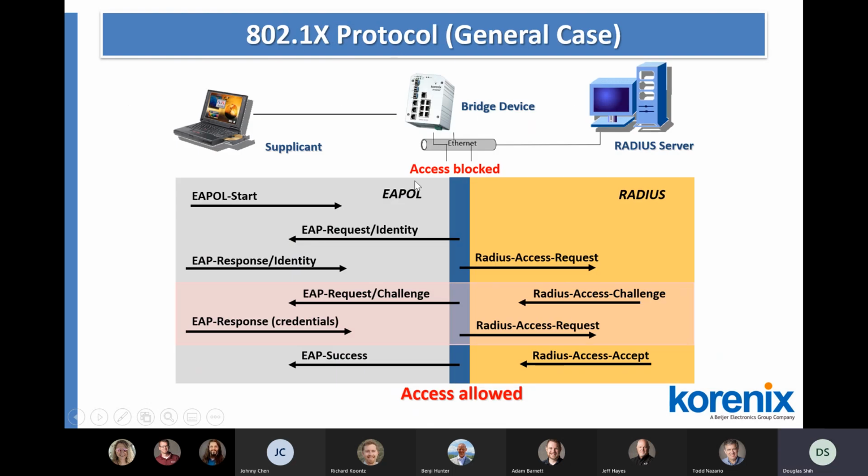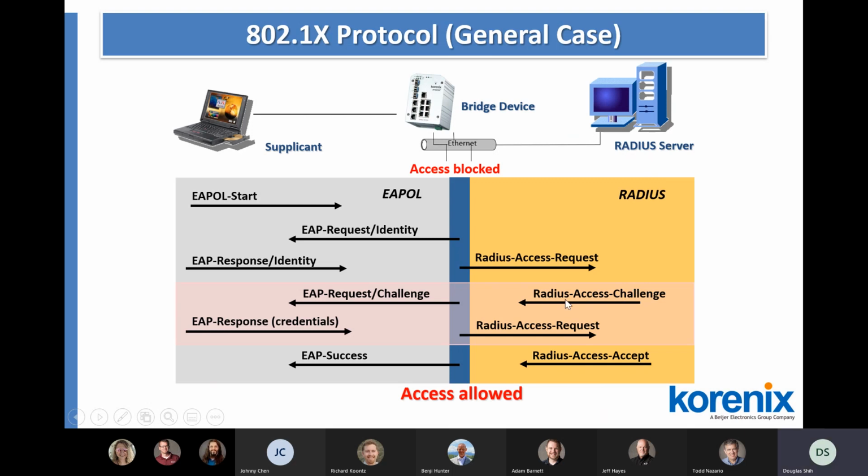And here's the protocol process. First, the client will send out the EAPOL start to our switches. After the identity request, the device will reply with the EAP response with the identity that is used to do the authentication. Our switch is the engine to send out the RADIUS request to the RADIUS server.